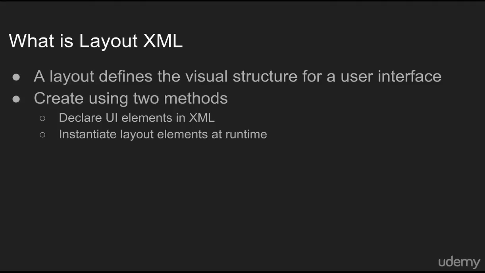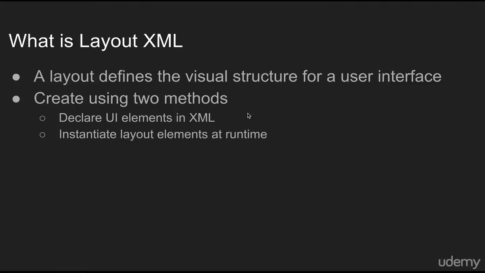Your UI descriptions are external to your application code, which means that you can modify or adapt it without having to modify your source code and recompile. For example, you can create XML layouts for different screen orientations, different device screen sizes, and different languages. Additionally, declaring the layout in XML makes it easier to visualize the structure of your UI, so it's easier to debug problems.